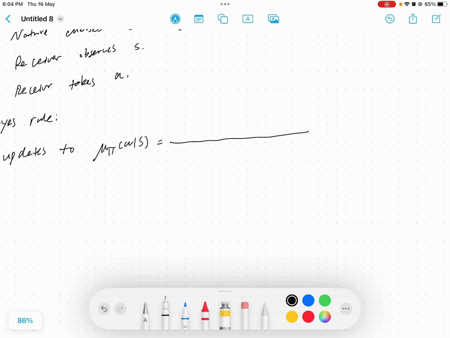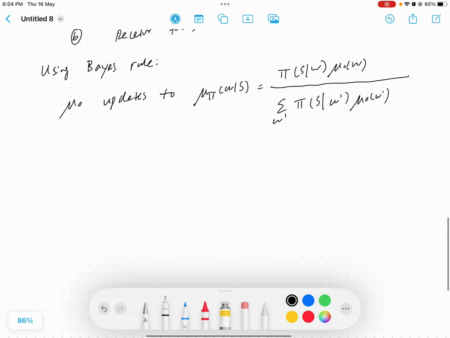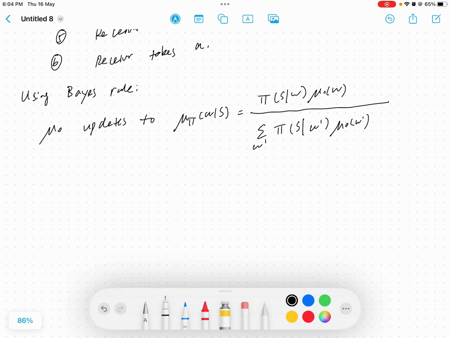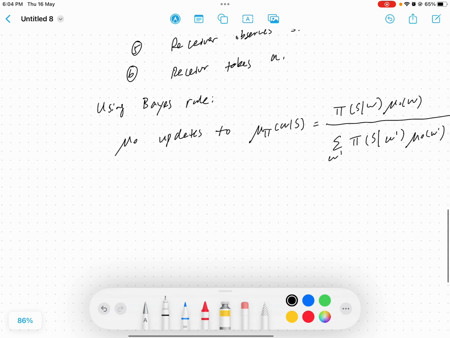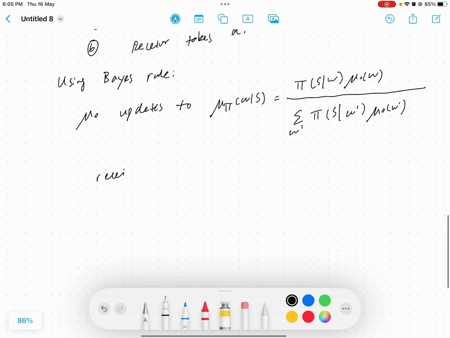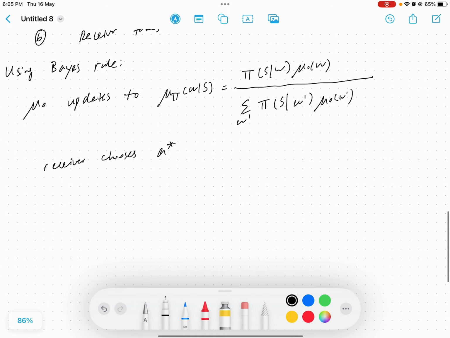We have this pi here multiplied by the prior and divided by all the possibilities that this s is sent, right? Given all the possible omega, and use omega prime to denote all the other possible omegas. Okay, so that's the Bayes rule. And then this receiver simply chooses an action, A star.